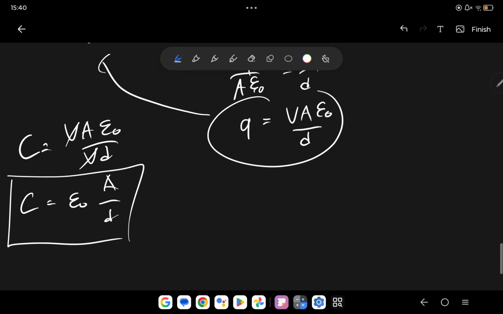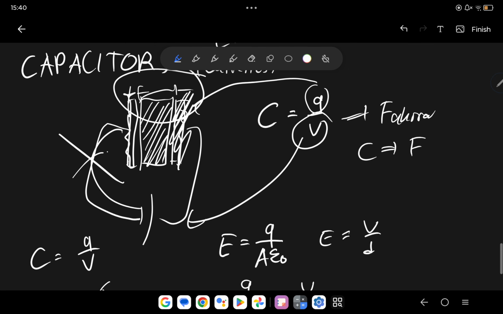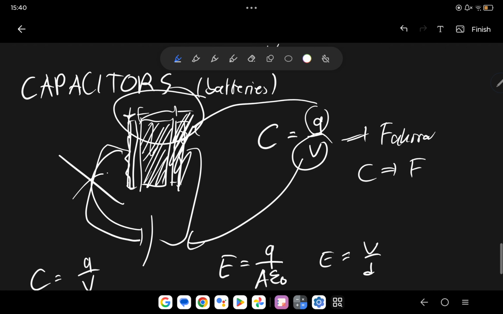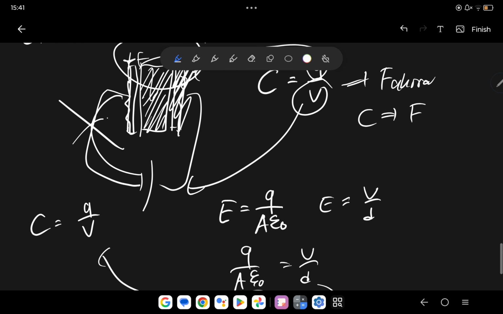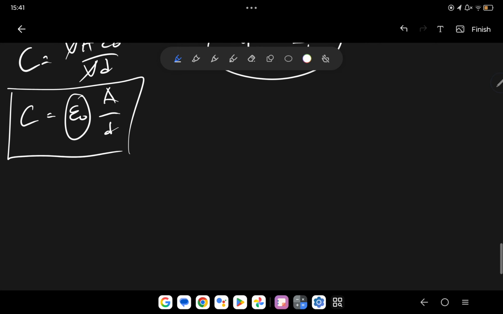But here's the problem. This is determined by epsilon null, and as far as we know, epsilon null is a constant. Well, yes, it is a constant, but it depends on the material that is put between the plates.